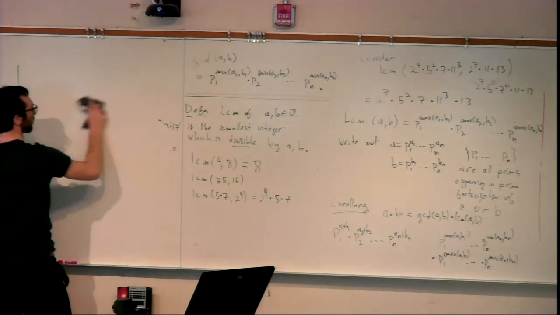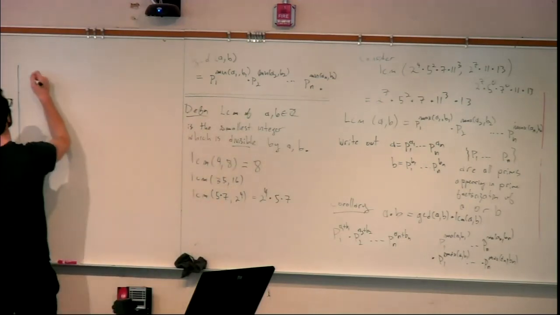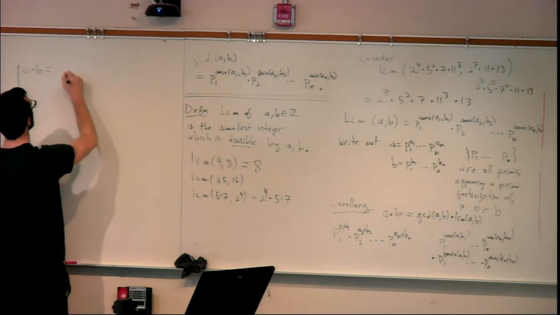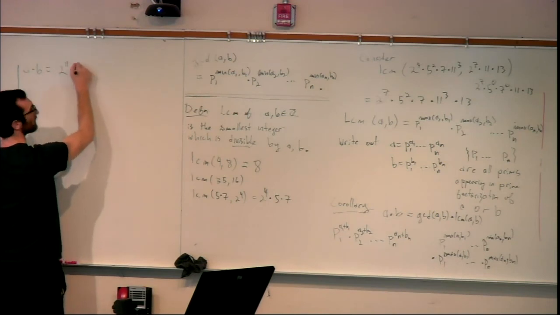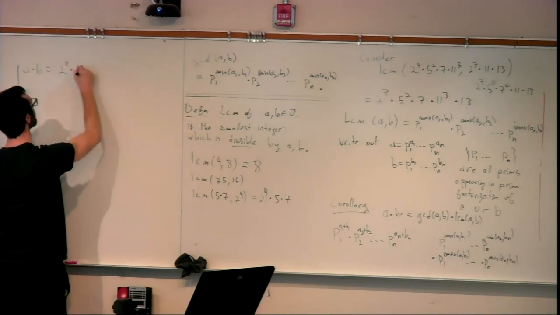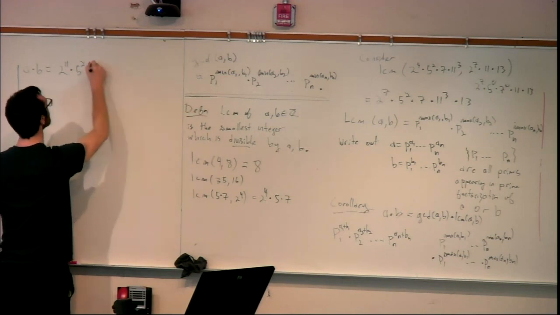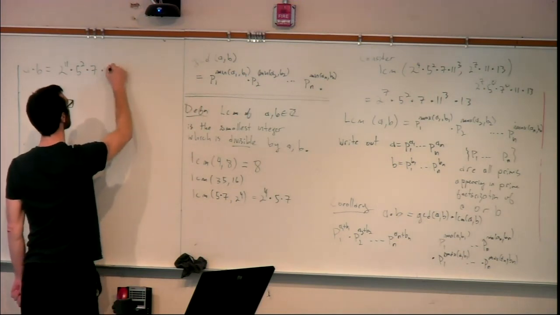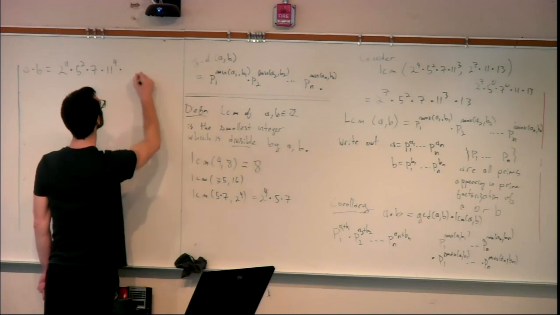So all that this corollary is saying is that if I take the product of these two numbers, A times B is equal to 2 to the 7 plus 4 is 11, times 5 squared, times 7, times 11 to the 4th, times 13.